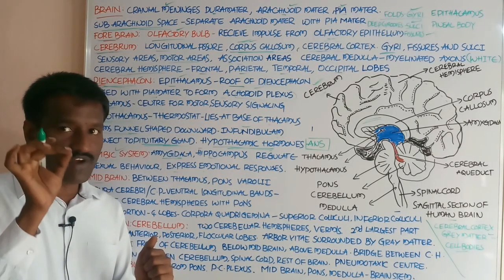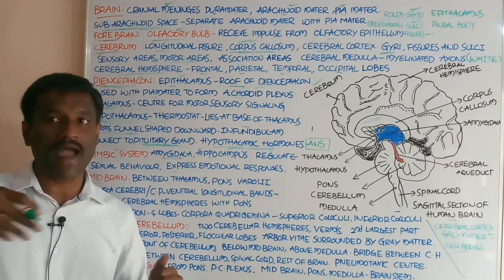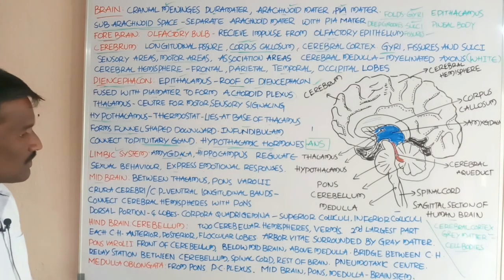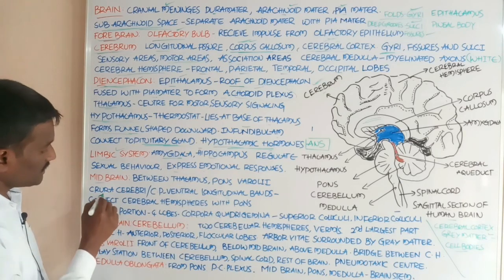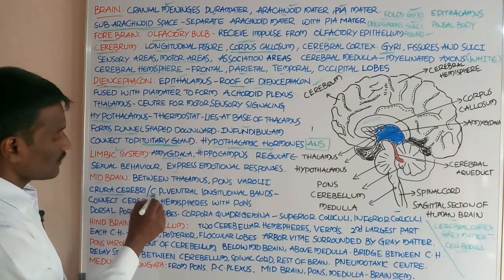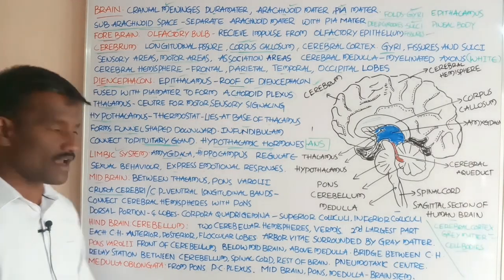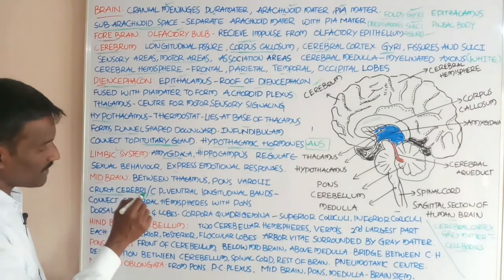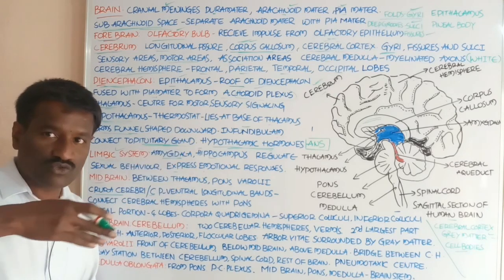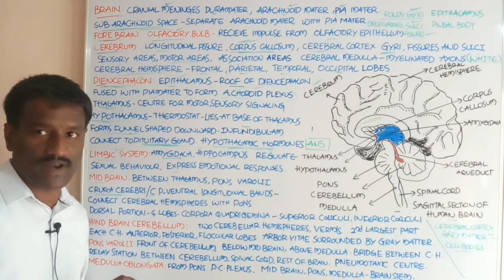The ventral portion of the midbrain consists of longitudinal band-like arrangements formed by nerve fibers. These longitudinal bands are called crura cerebri, or cerebral peduncles.